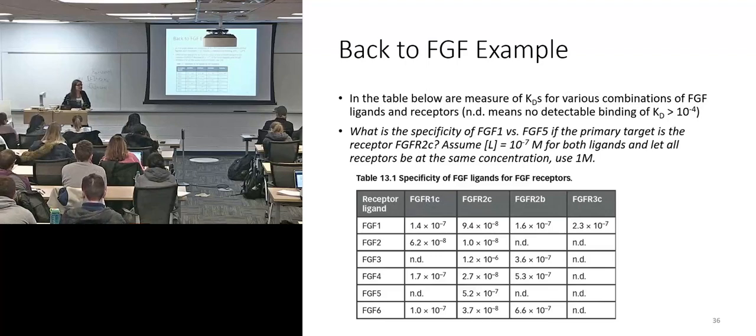Does FGF5 bind to other stuff? Not really. I expect right now, before I do anything, that the alpha here, when I compare it across all of the receptors, is going to be much more specific and a higher alpha for FGF5 than FGF1. And what it's asking you to do is essentially solve specificity factor alpha for 1, for 5, and look at those two.